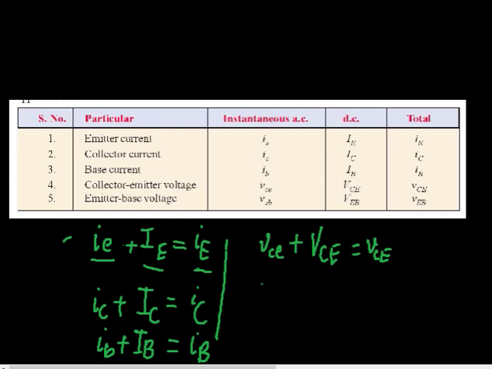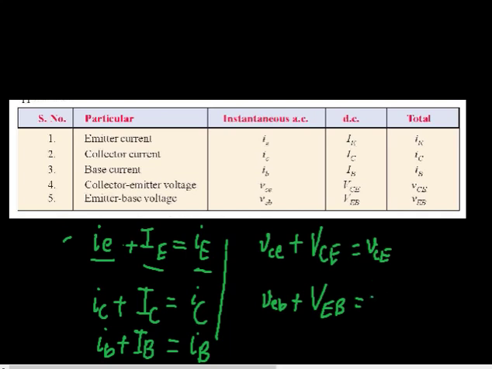collector emitter voltage. Similarly, the other voltage, which is the emitter base voltage, small veb, represents the instantaneous AC voltage, that is, the voltage that appears across the base emitter due to the signal, and capital VEB is the base emitter voltage due to the DC source connected in the circuit.